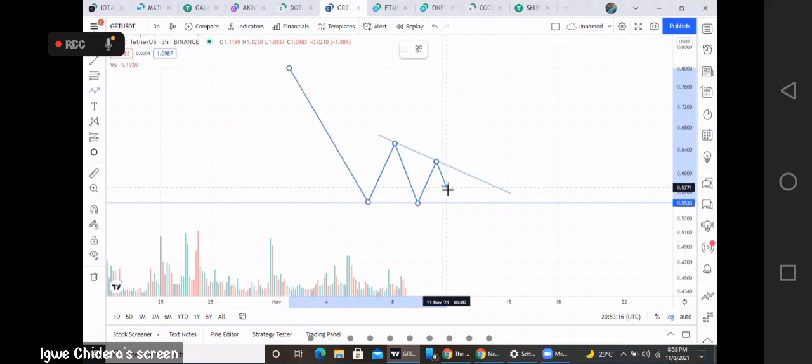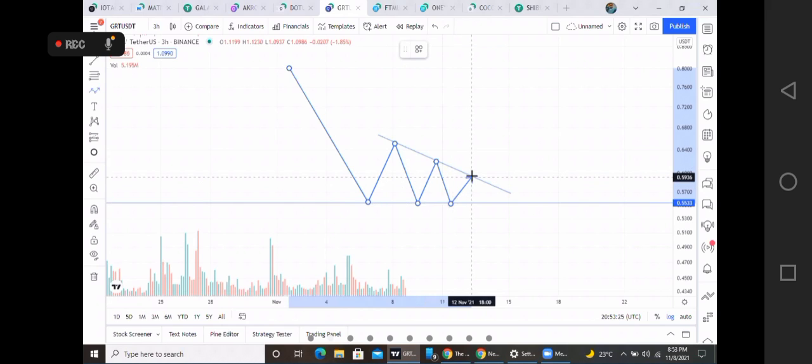Now it may create the third low. Bounce back again. Touch the trend line you connected before and bounce back again. Now we expect a breakout, a retest, and a continuation.